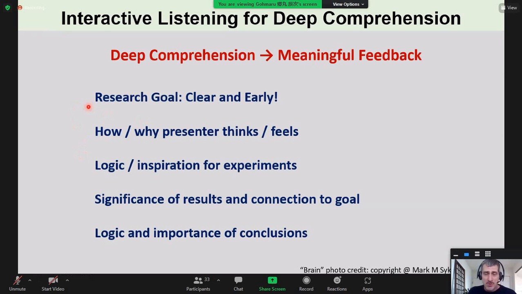Specifically, what is your research goal? How do you feel about that question? Why is it important or significant? The logic and motivation for your experimental strategy, the significance of all your results and how they are connected to the goal, and the logic and the importance, the significance of your conclusions.